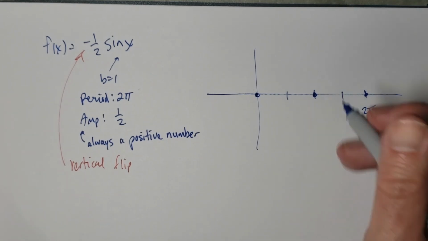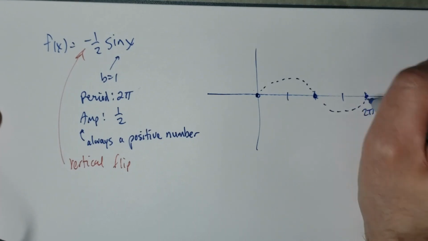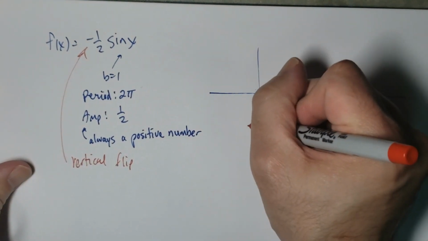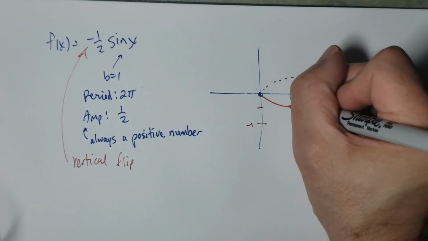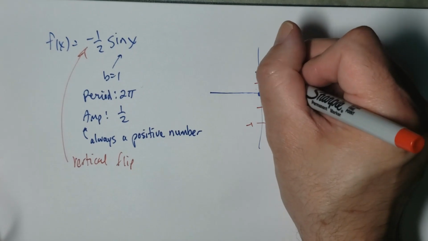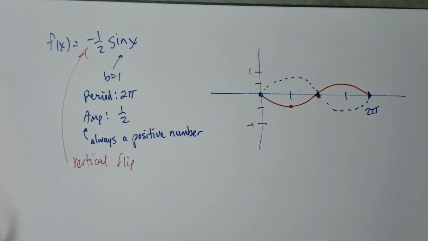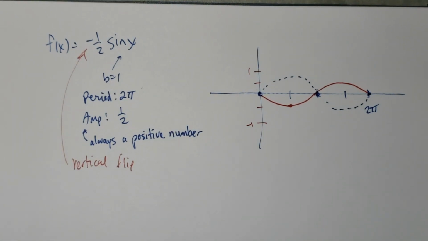But instead of going up to the maximum like this, because of the vertical flip, we're going to go down to the minimum and then up to the maximum. And there's our one period of -1/2 sine of x.